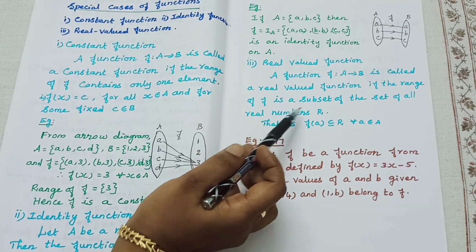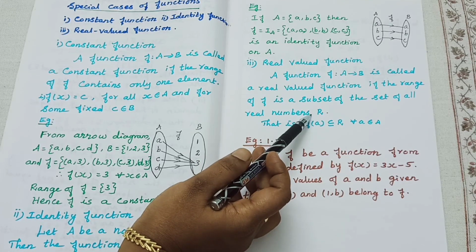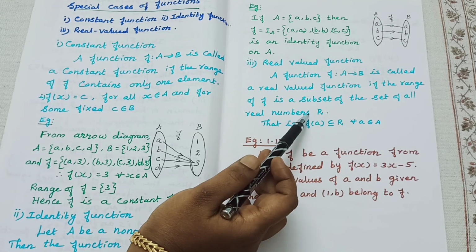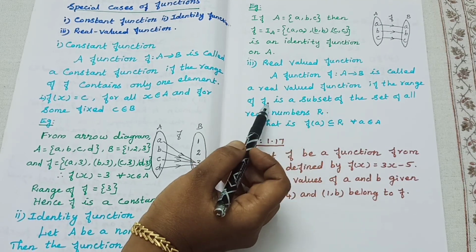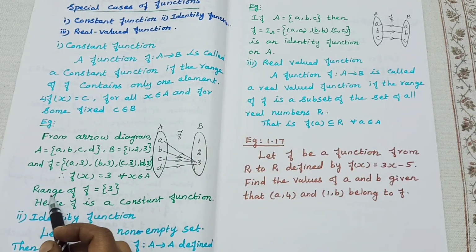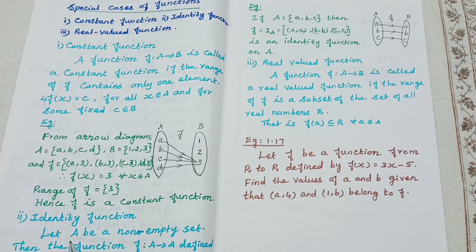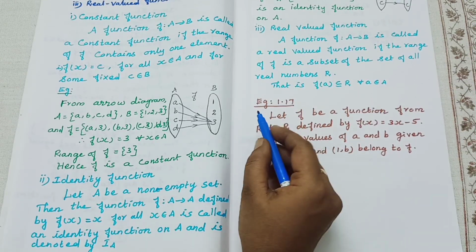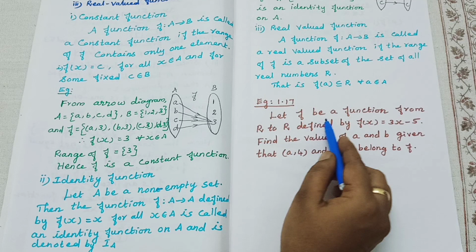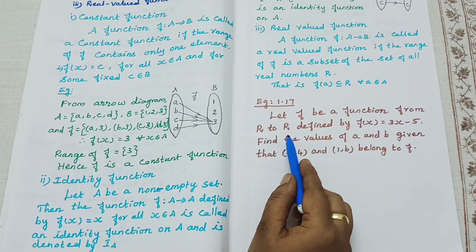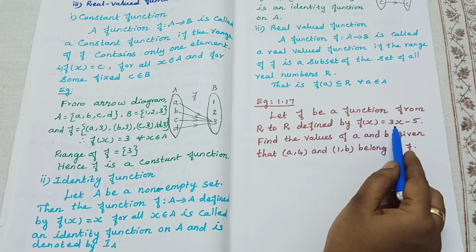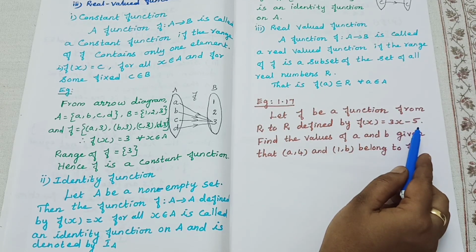Okay. Next, example 1.17. Let f be a function from R to R defined by f of x is equal to 3x minus 5. Find the values of a and b given that (a, 4) and (1, b) belong to f. R to R means real numbers.